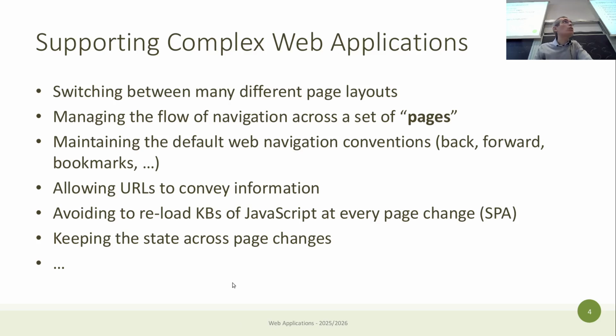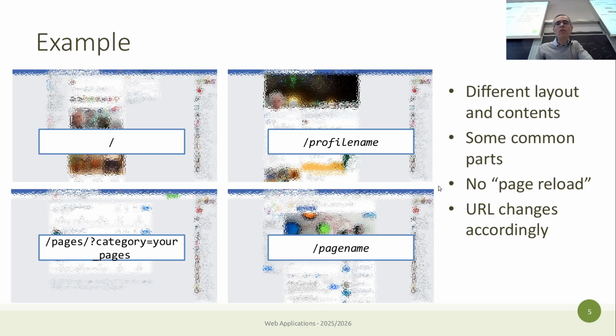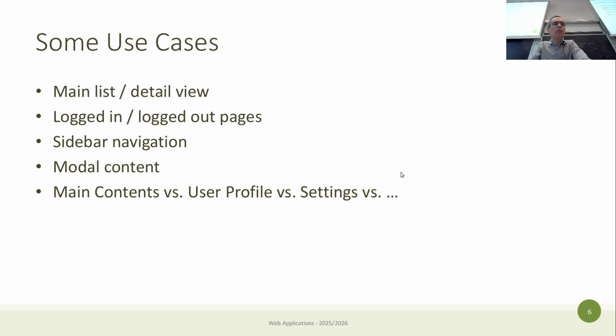So there are, in short, a lot of advantages of replicating the approach of traditional web applications using these URLs, okay? So let's see how can we do this operation. Main list, detail view, sidebar, etc. Many use cases where URLs are convenient.